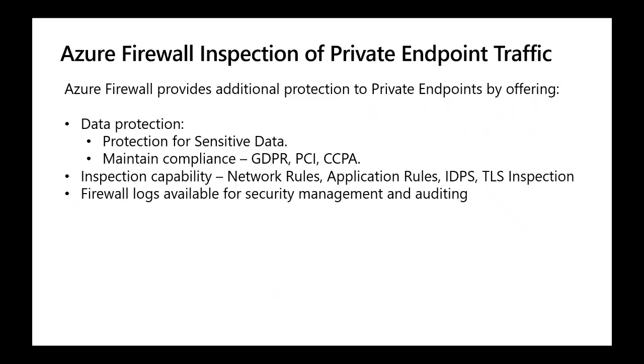And also, of course, with Azure Firewall, you have the ability to log the firewall logs, and these are available for your security management, for your auditing. So it gives you visibility into that traffic that is traversing through the private endpoint.